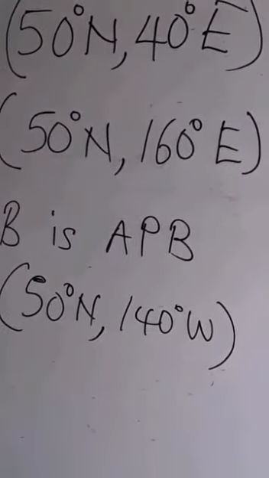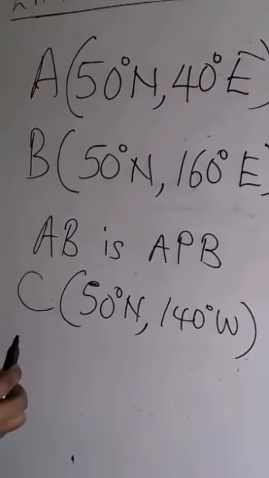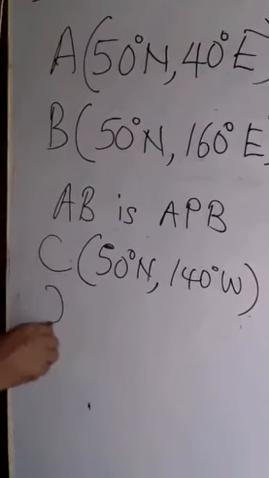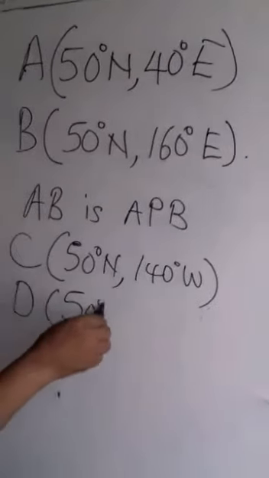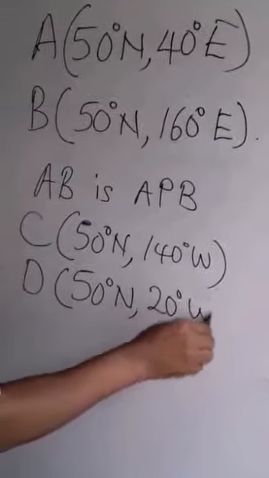And therefore, now let's look at arc length DC. D is 50 degrees north and 20 degrees west.